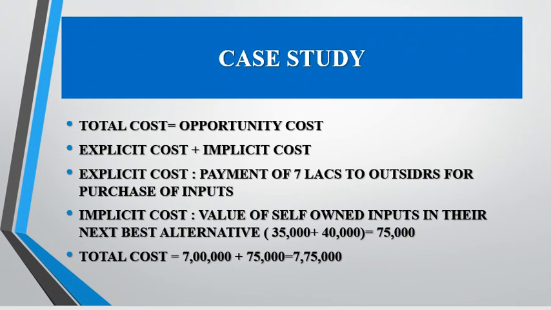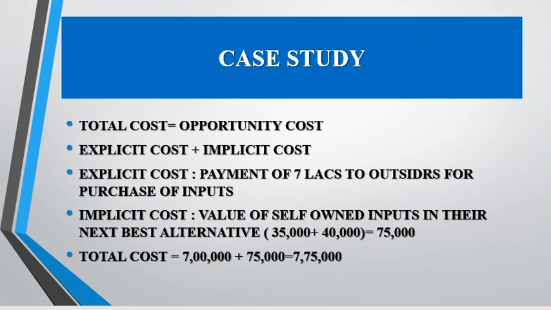The total cost is equal to opportunity cost, which is equal to explicit cost plus implicit cost. In this case study, it is clearly said he has paid 7 lakhs to outsiders for purchase of inputs. So 7 lakh rupees is the explicit cost, which is the payment made to outsiders. Implicit cost: he has left his job, which was paying a salary of 35,000.